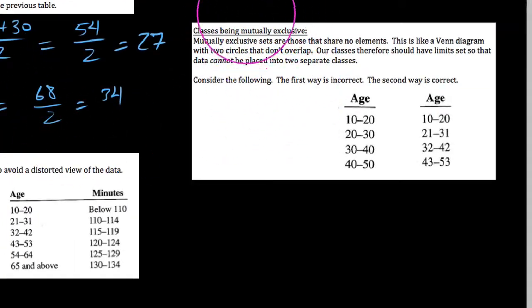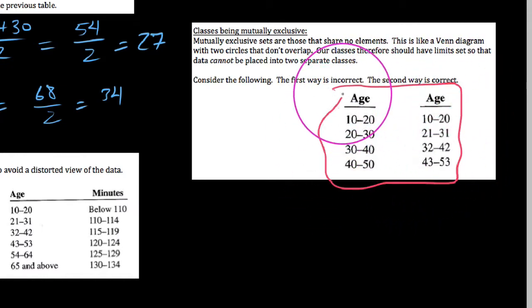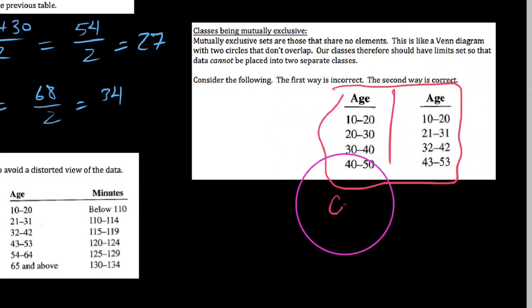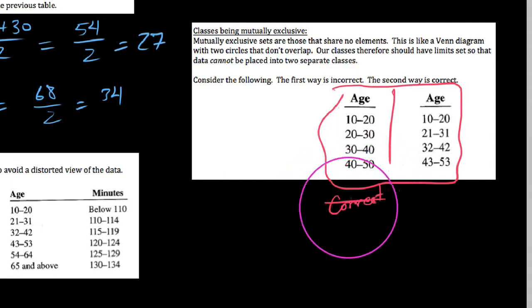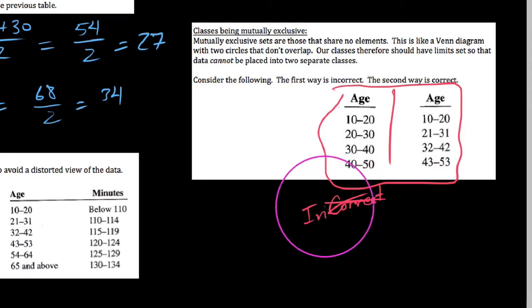In terms of the classes being mutually exclusive, not overlapping, I just want to give a quick example. These are two different sets of classes. The one on the left is incorrect, because you'll notice the 10 to 20 and then 20 to 30. If you had somebody age 20 on the survey, which class would you stick them in, the first or the second?